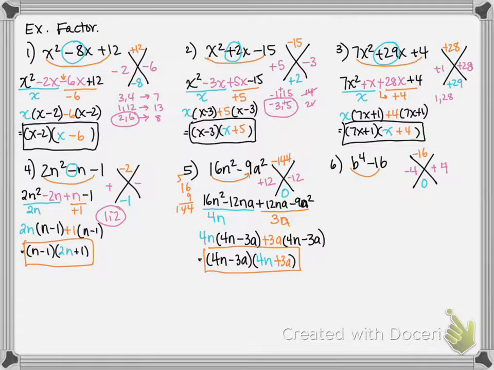Now this one only contains one variable. So when I split the middle term, remember, is the non-existent one. We're going to have a negative 4b, excuse me. And then plus 4b. And then minus 16.